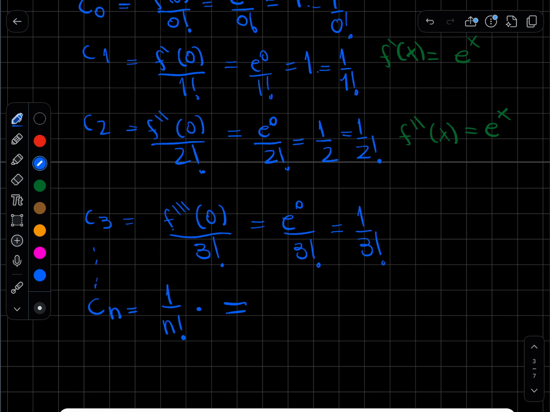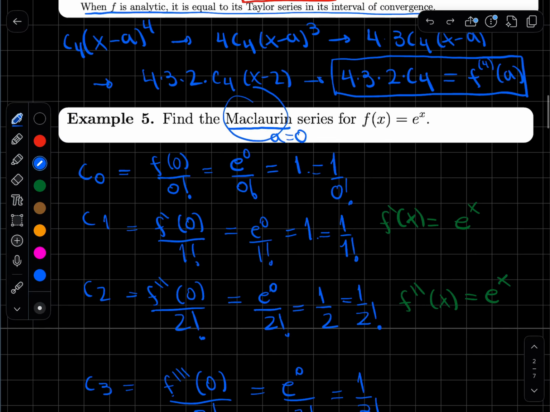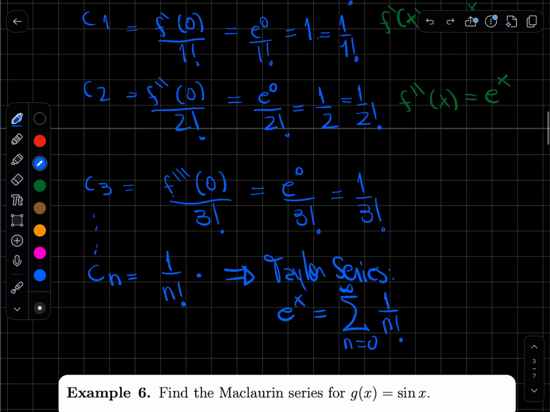So that means the Taylor series for e to the power x will be the sum of 1 over n factorial. This is not really the Taylor series. I'm talking about the Maclaurin series. So that's at n equals 0, at a equals 0.